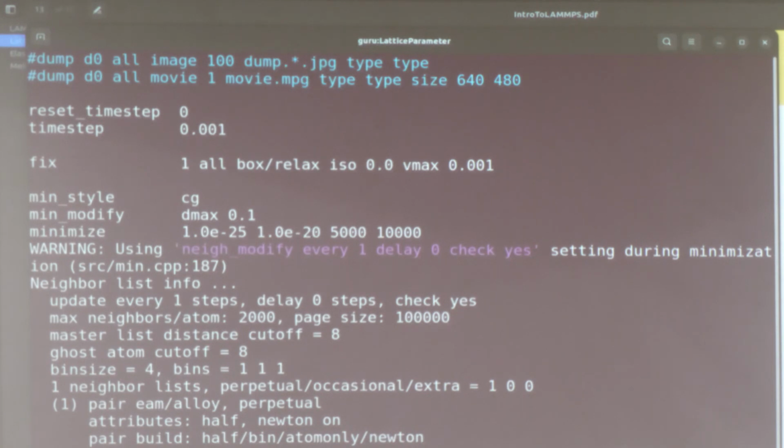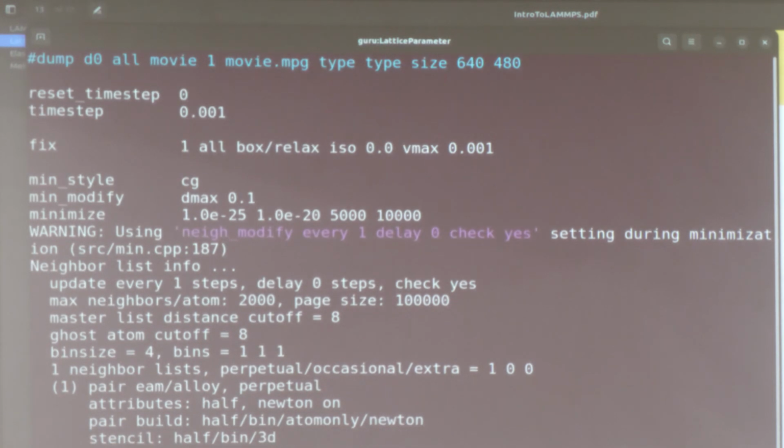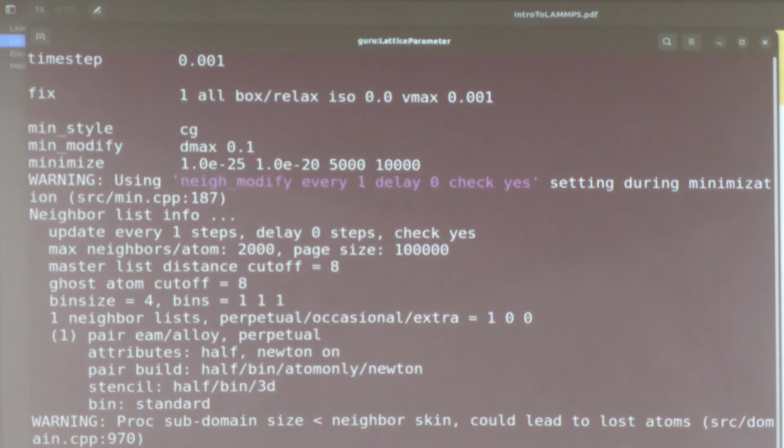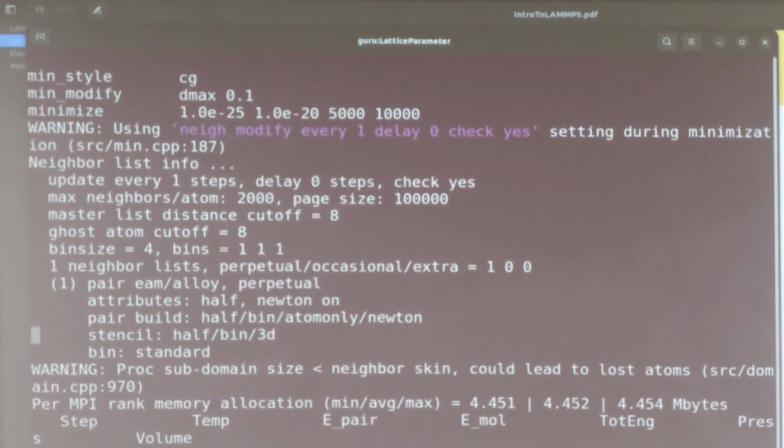Okay. Yeah, probably. One neighbor list and pair. I also do not know what that perpetual attributes, pair build, etc. mean. And here is another warning.